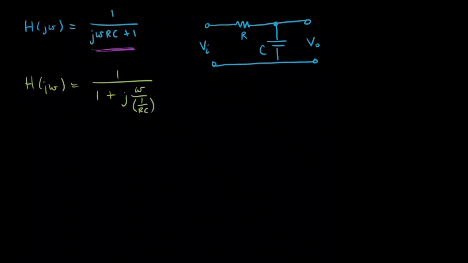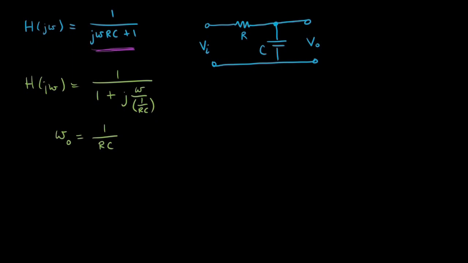That's going to be the same expression. And so what we would find is, for this particular case, the break frequency is going to be omega naught equals 1 over RC.